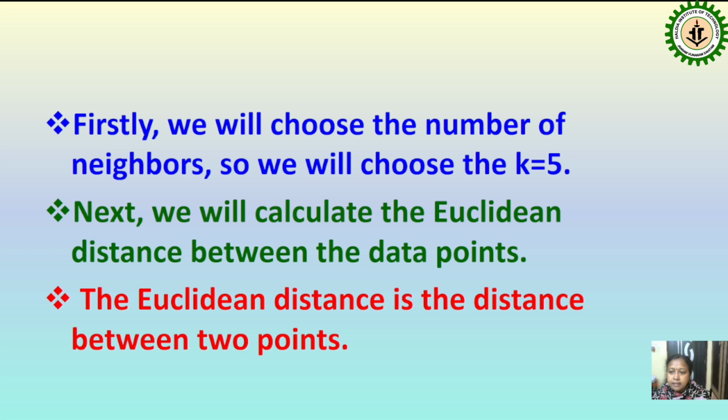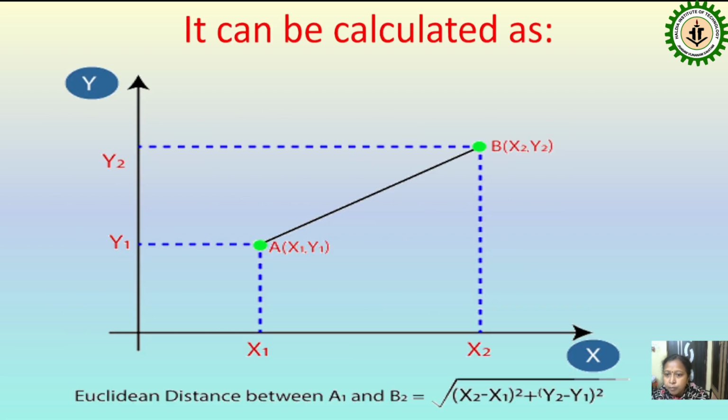The Euclidean distance is the distance between two data points. If x1, y1 is one point and x2, y2 is another point, the distance between A and B is root over (x2 minus x1) whole square plus (y2 minus y1) whole square.